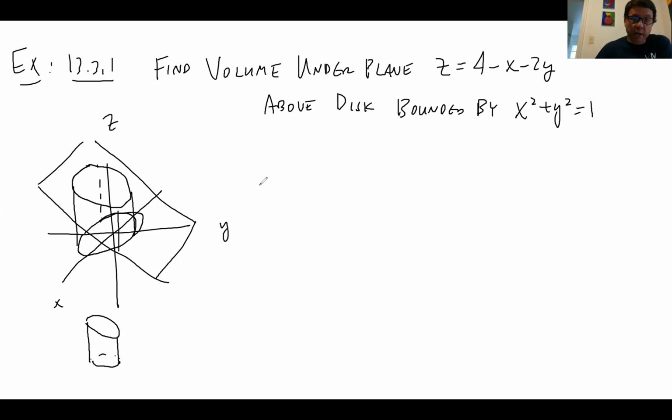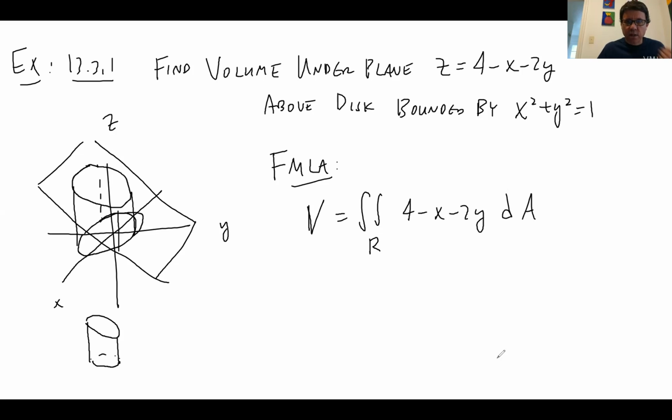But anyway, the formula, regardless of which technique you use, is that the volume is equal to the double integral over the region of your 4 minus x minus 2y dA. That is by definition your formula for the volume.